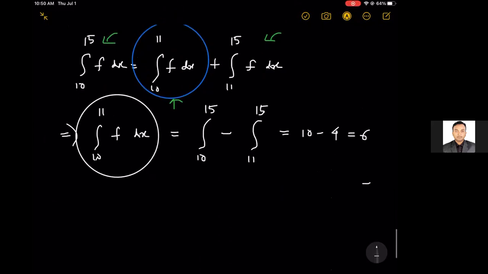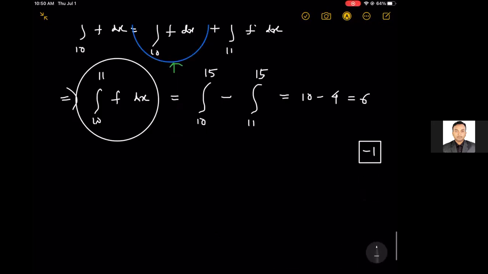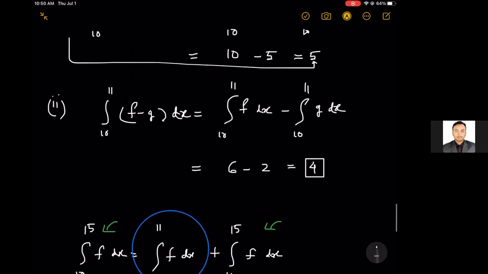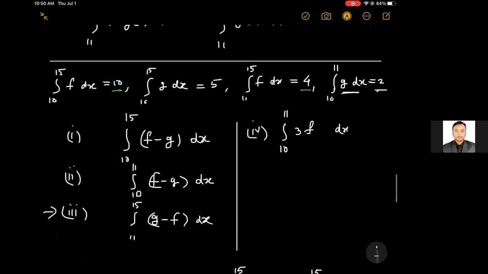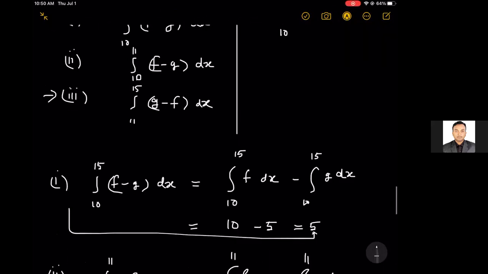-1, okay, let's try. Let's have that at the back of our head so that you can verify it. Number 3: from 11 to 15, we're looking for G minus F, right? We already have the value for 11 to 15 for F. So we need the value for the other function.